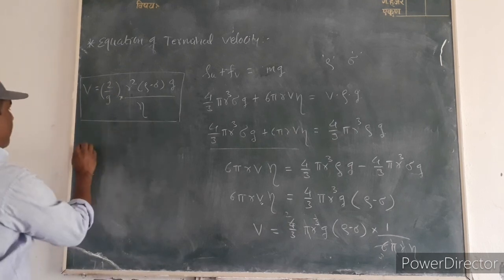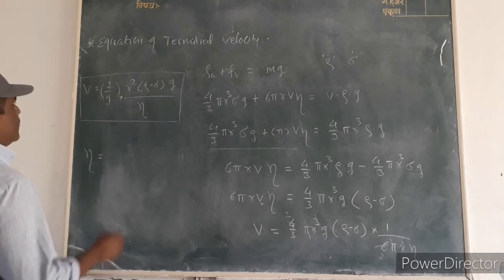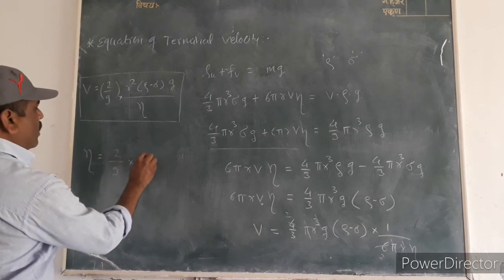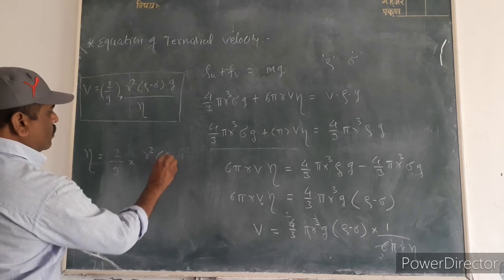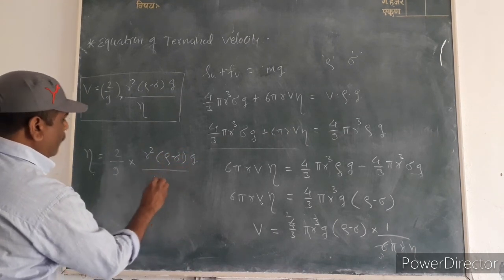Also we can determine the value of the coefficient of viscosity. Eta is equal to 2 by 9 into r square into sigma minus rho into g divided by v.